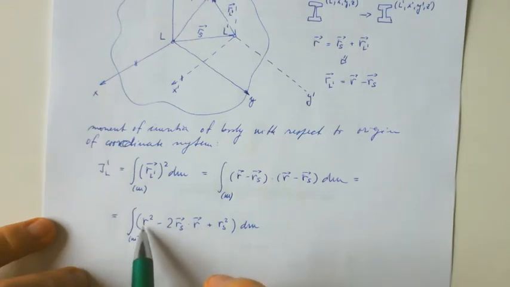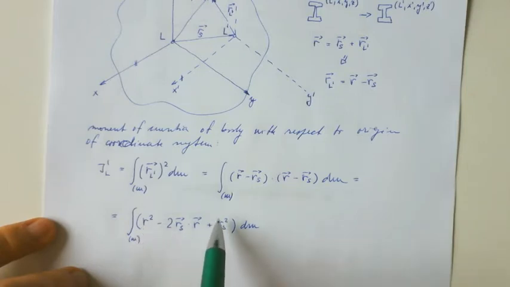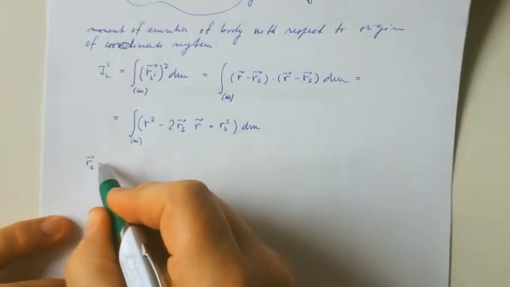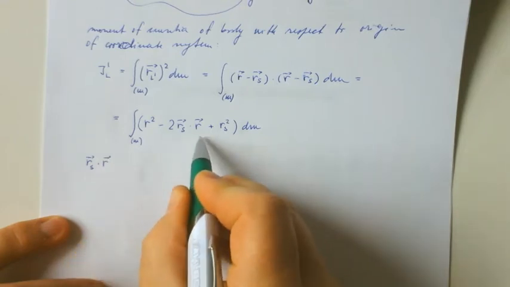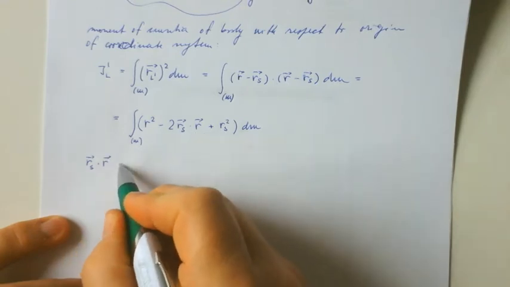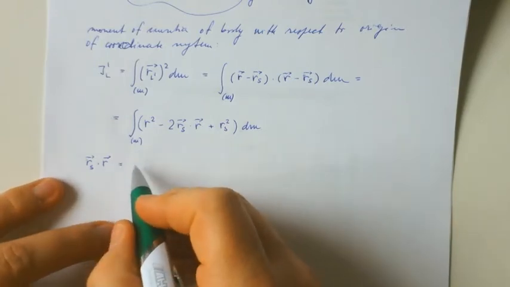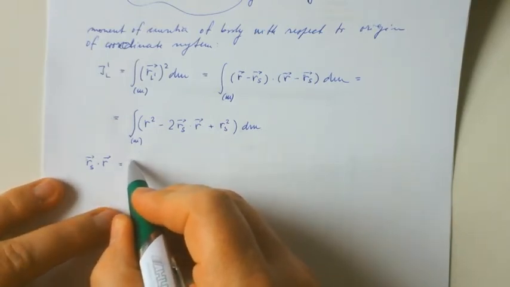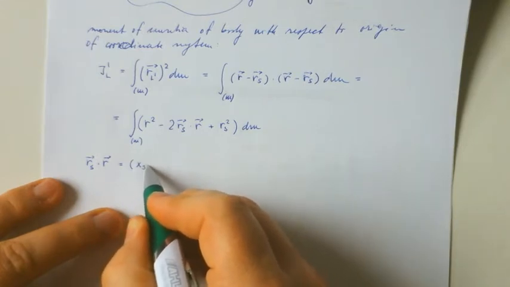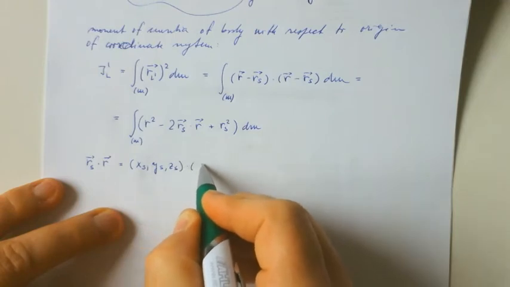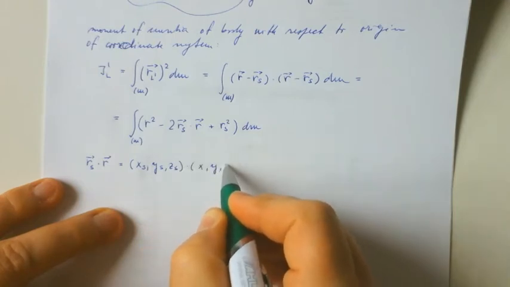This is a scalar value, the square power of r, and this is also a scalar value. Knowing that rs by r is a dot product of two vectors, we can multiply xs, ys, zs by x, y, z.